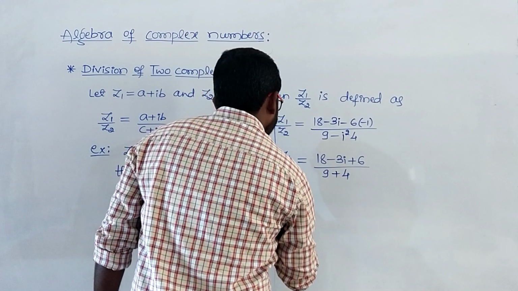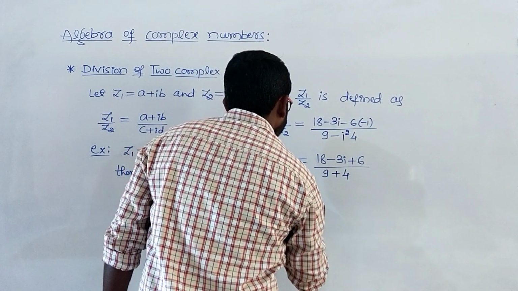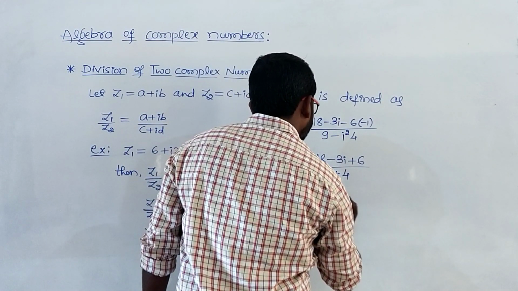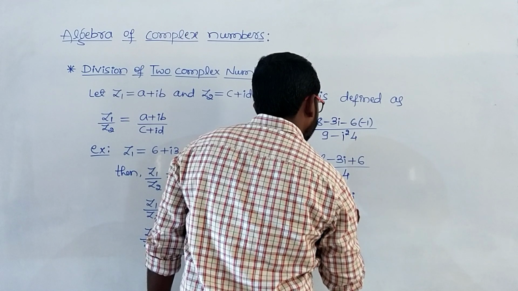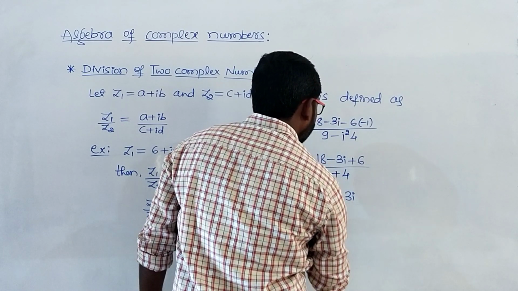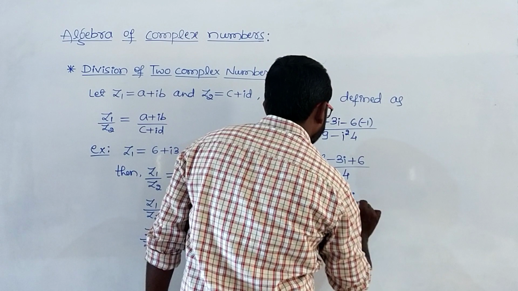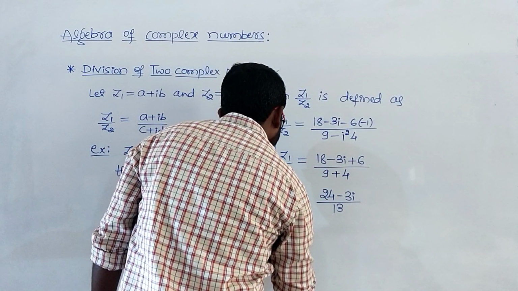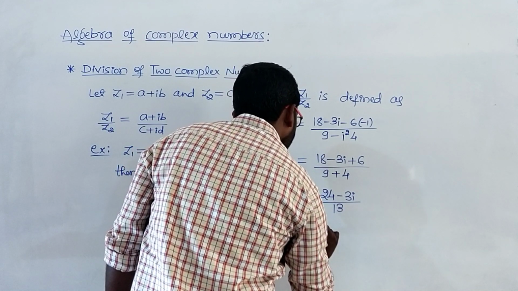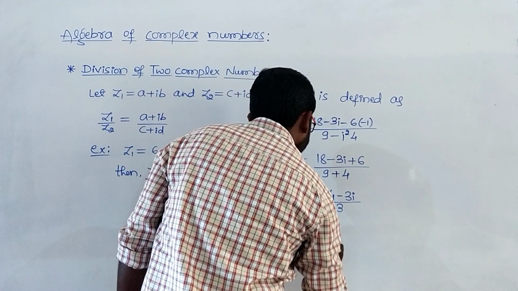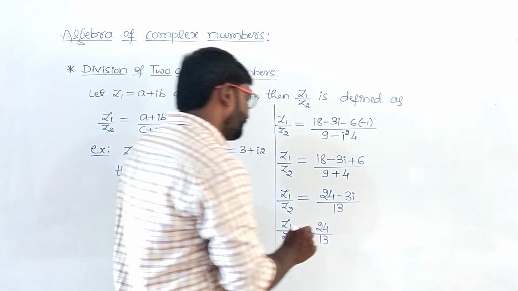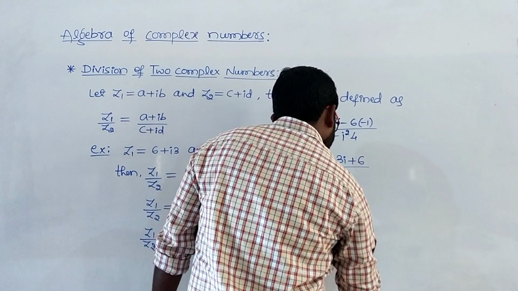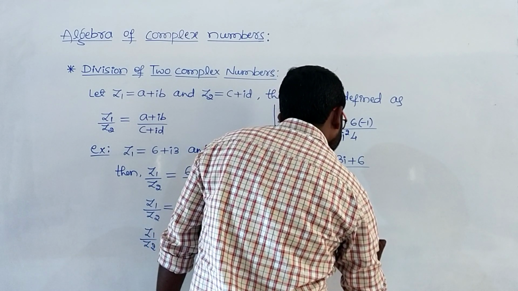Then z1 by z2 which is equals to 18 plus 6, it is 24, 24 minus 3i divided by 9 plus 4 will be 13, it is 13. ಅಥವಾ ಇದನ್ನು ಇನ್ನೊಂದು ಥರ ಹೆಂಗೆ ಬರಿಬೋದು ಅಂದರೆ z1 by z2 which is equals to 24 by 13 plus I into minus 3 by 13.